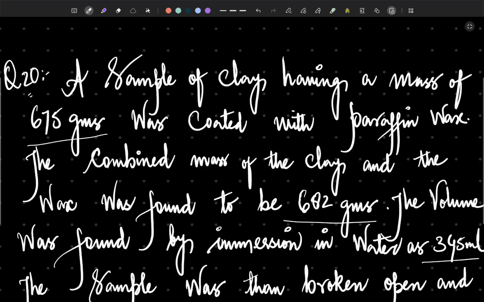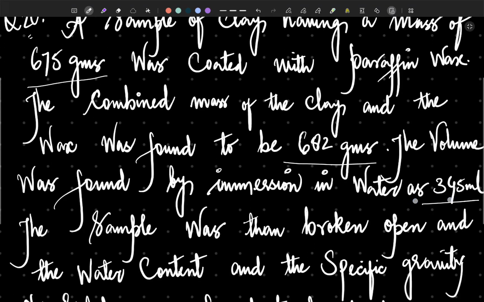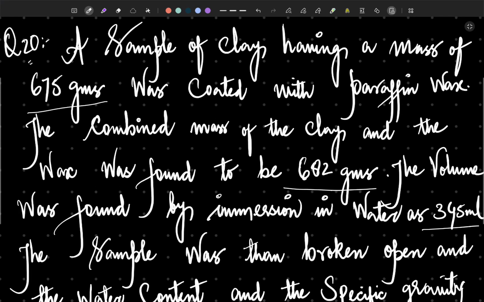We just coat this soil sample in this water displacement method with paraffin wax so that when the soil mass comes in contact with the water, it should not disintegrate. That's why we coat it with paraffin wax to make it impervious. So while calculating the bulk density, I'll take the mass of the clay sample without taking into consideration the mass of paraffin wax.